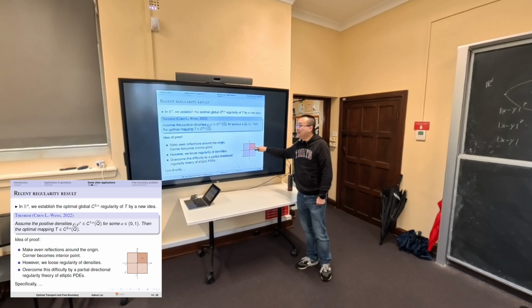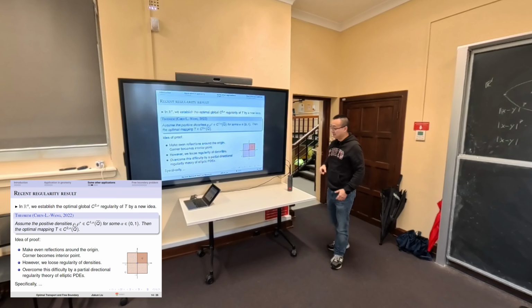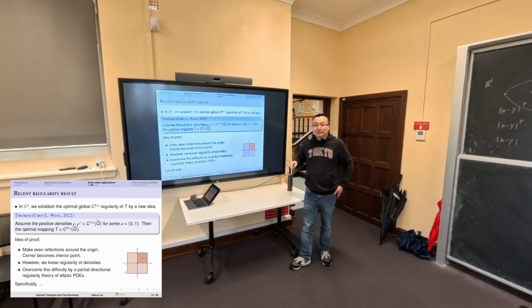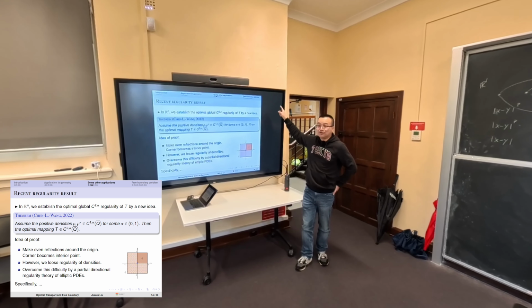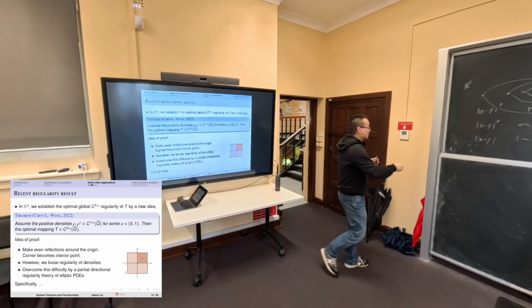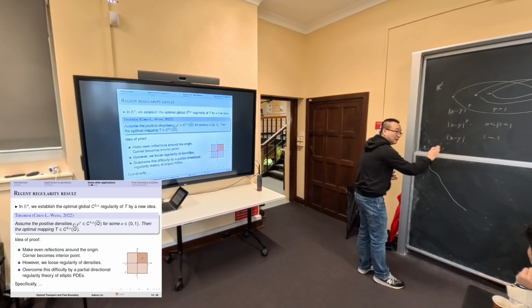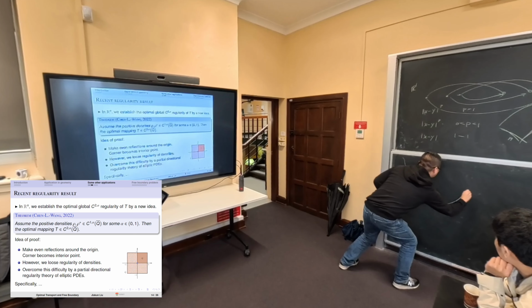It sounds very naive, because everyone knows it's like building with blocks: you put the bricks together and the corner becomes interior. But you lose something. What you lose is exactly the smoothness, the regularity of the function. Imagine even if you have a very, very smooth function, and you do an even reflection, that means it's symmetric.